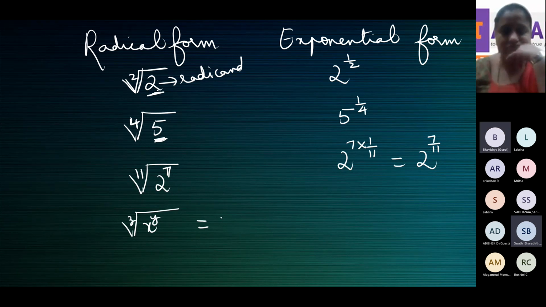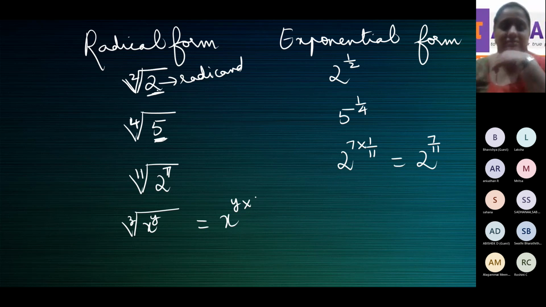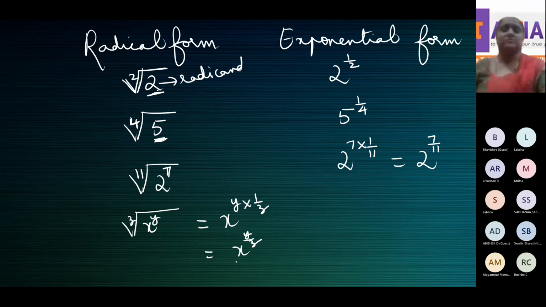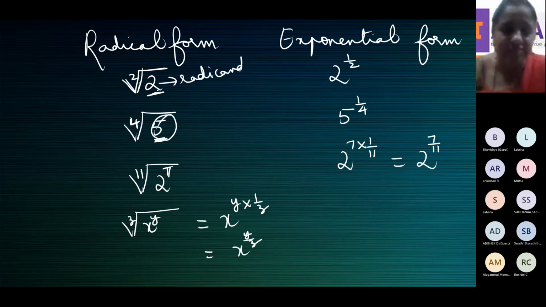X to the power y into 1 by 3, no, that's Z. So it will be X to the power Y by Z. So this radicand, you should write it as it is, and take the reciprocal.